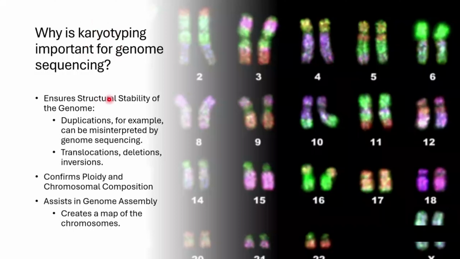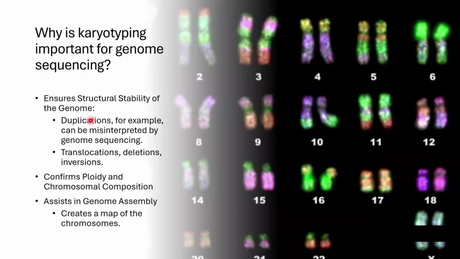Because if you take a cell and you break it and you don't know its karyotype, so the content in terms of nuclear chromosomes, then for example, if you have a duplication in your genome, let's say a region of a chromosome is duplicated twice in the genome from evolution or whatever, you will sequence it and it's the same sequence.